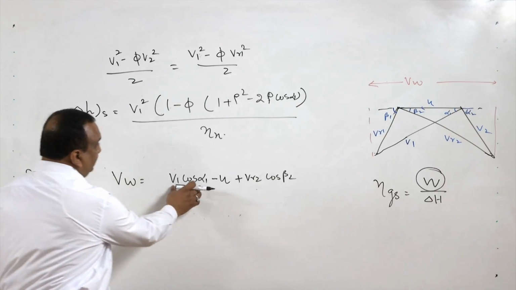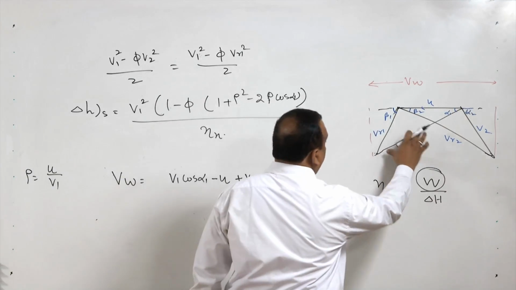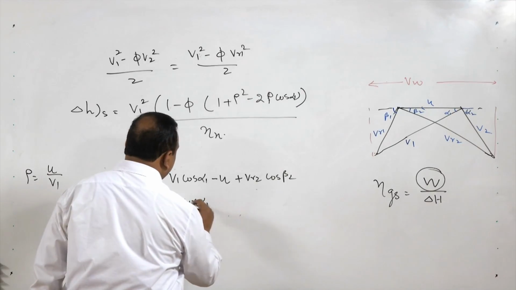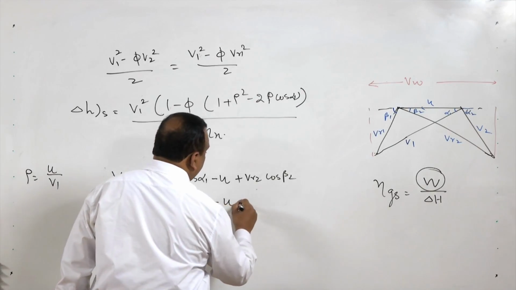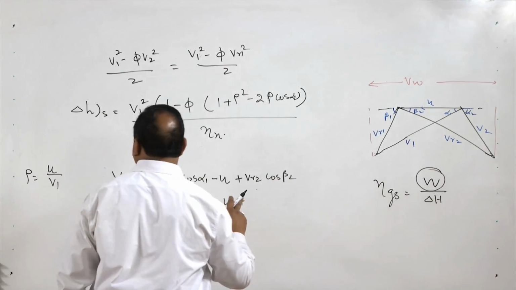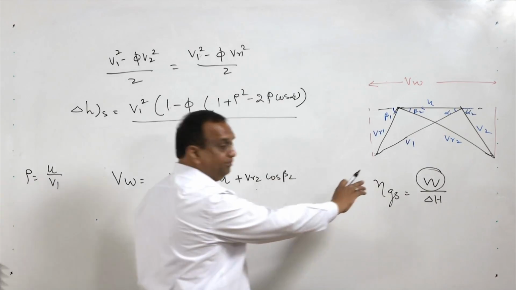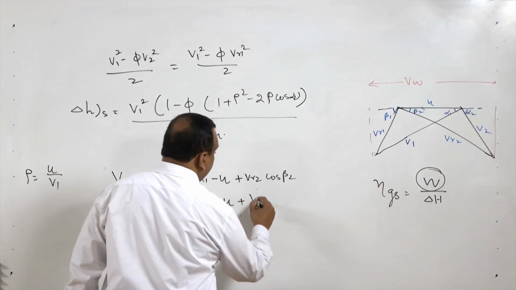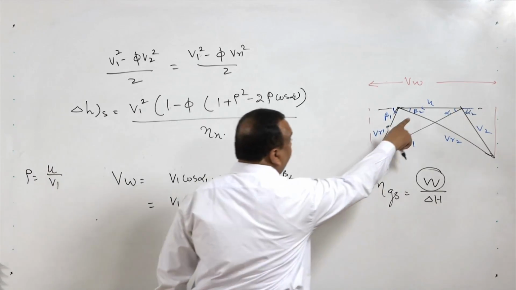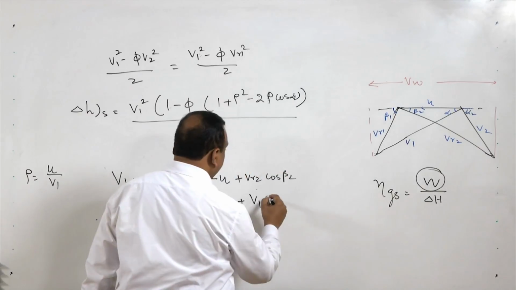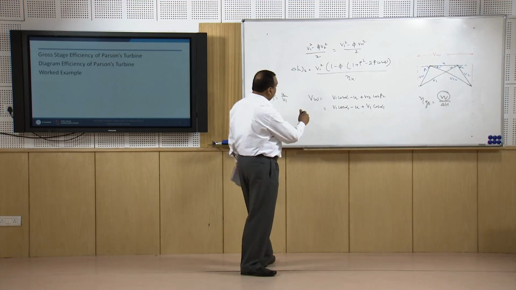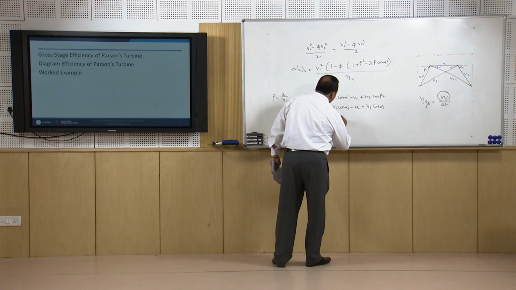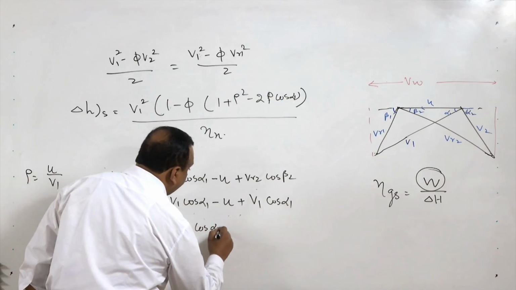Now V1 cos alpha 1 we will take as it is, minus U plus VR2, which can always be replaced by V1 in the Parsons turbine. So it is V1, and again beta 2 can be replaced by alpha 1. So VW is this much, or we can write 2 V1 cos alpha 1 minus U.